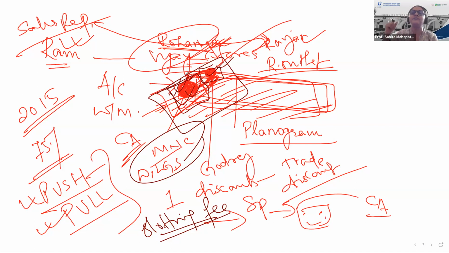So they plan their salespeople there for some time, not permanently. They are called canvassers. They canvass. They stand over there, as a surprise or sometimes with an understanding, and for some time these Godrej salespeople pitch the product.